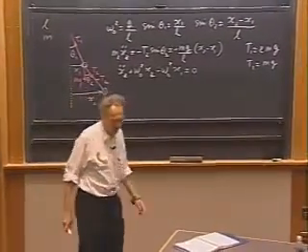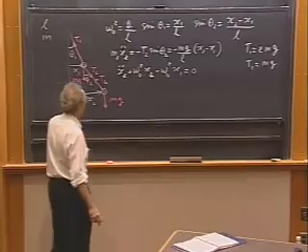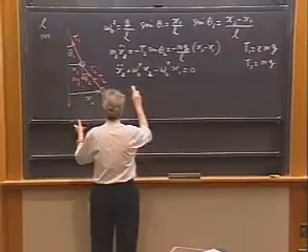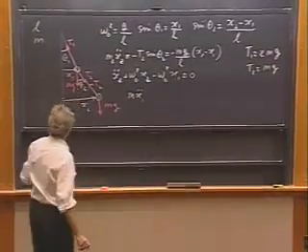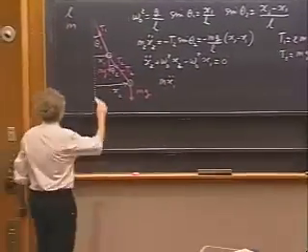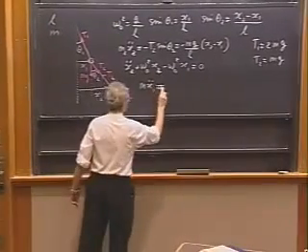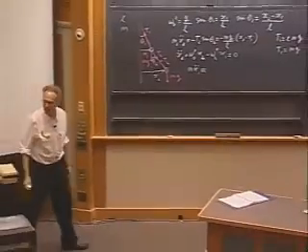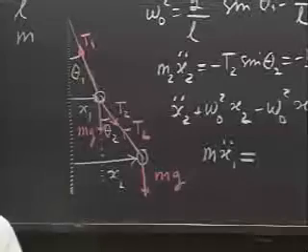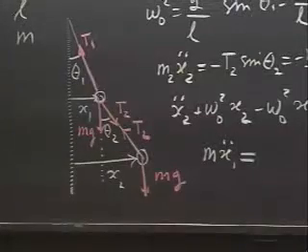So now I'm going to my first object. So now we get m1, mx1 double dot. And now there is one force that is driving it back to equilibrium. That is the horizontal component of T1. But the horizontal component of T2 is driving it away from equilibrium in the drawing that I have made here.